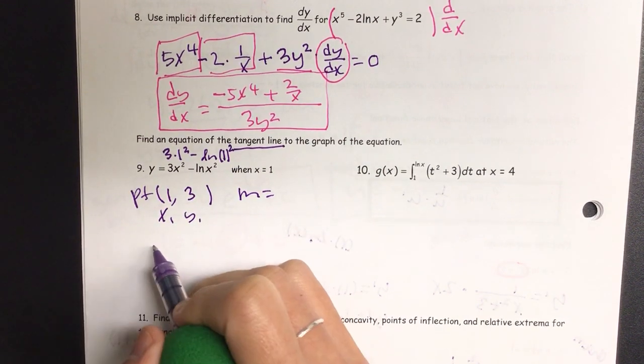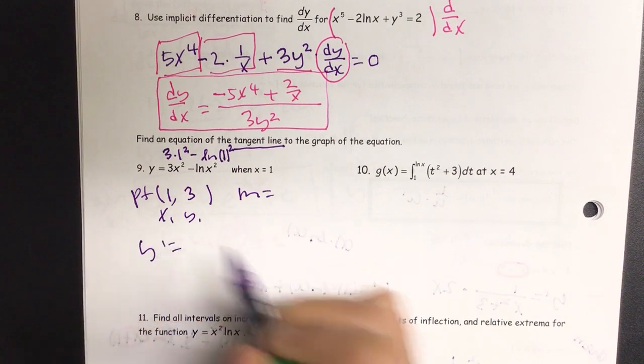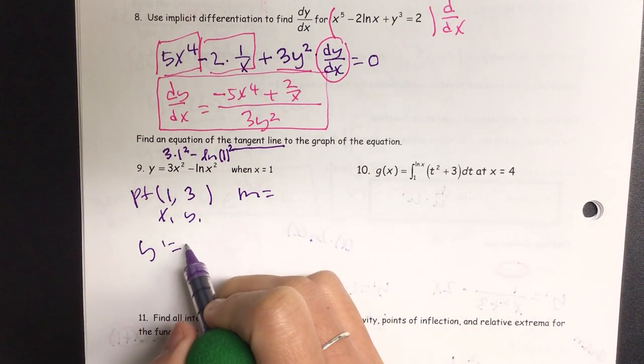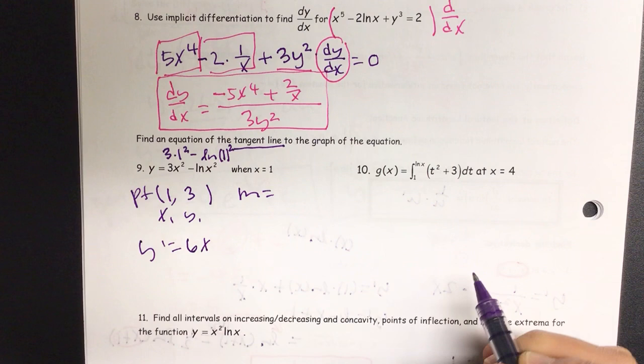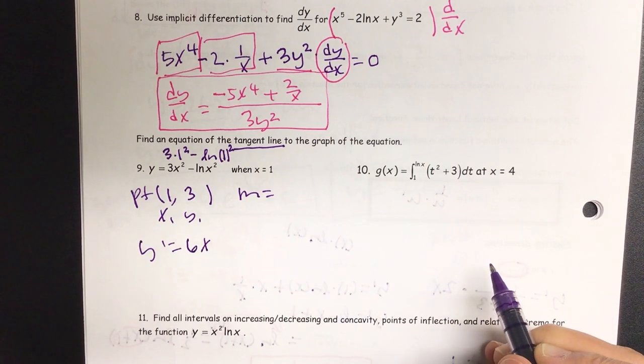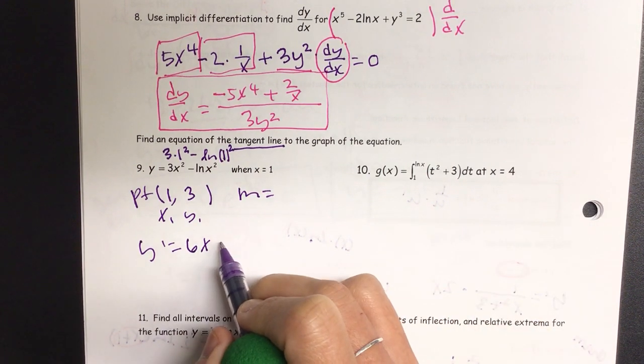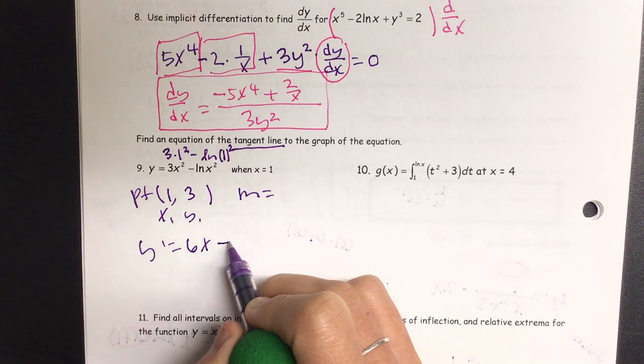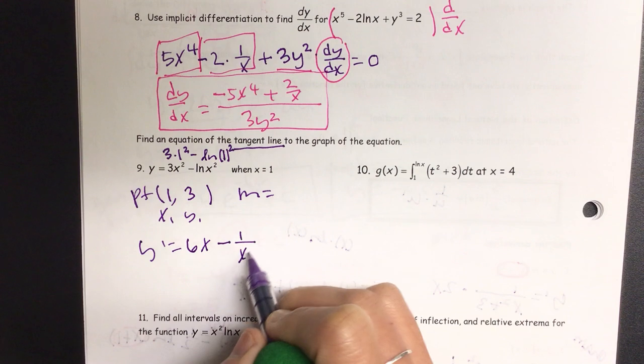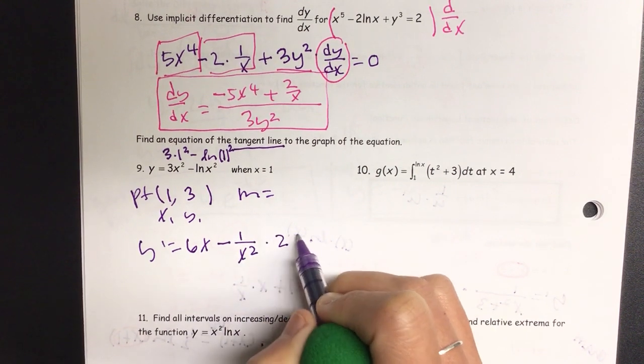To find the slope, we need to find the derivative. So the derivative of 3x squared is 6x. And then the derivative of the next one, how much would that give us? 1 over x squared times that.